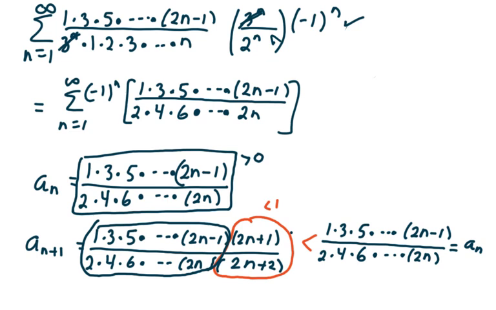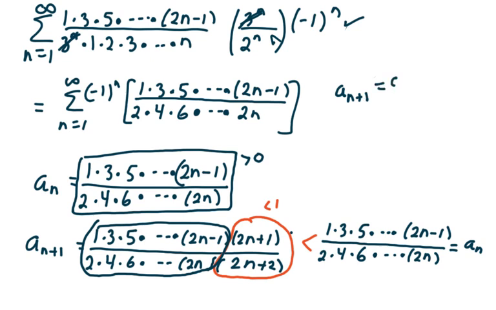Notice how I get 1 times 3 times 5 all the way through until 2n minus 1 times 2n plus 1, divided by 2 times 4 times 6 all the way through until 2n and then times 2n plus 2. And so one thing I want you to notice is I took a sub n plus 1 and I wrote it as follows.